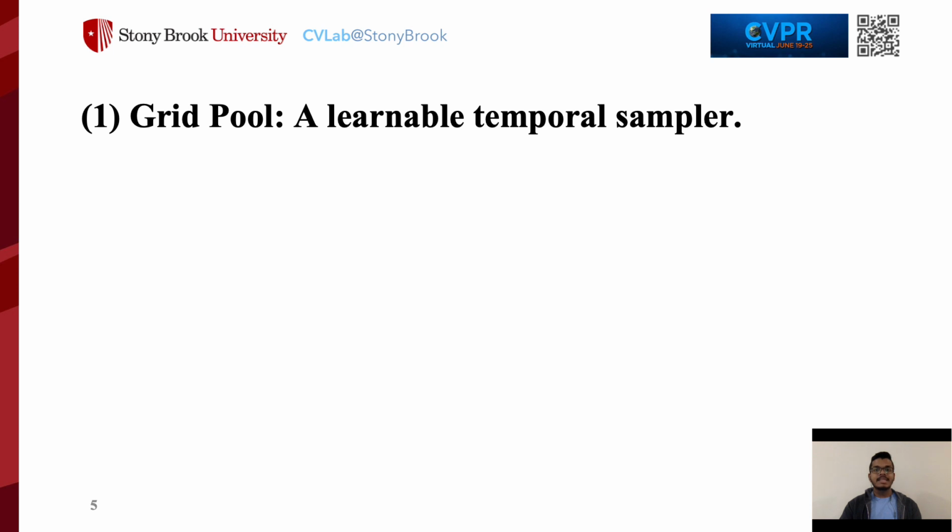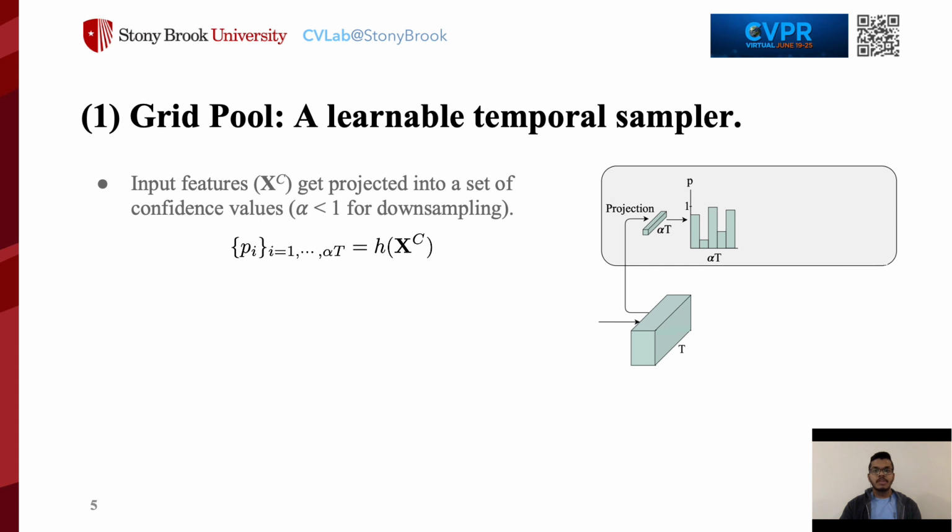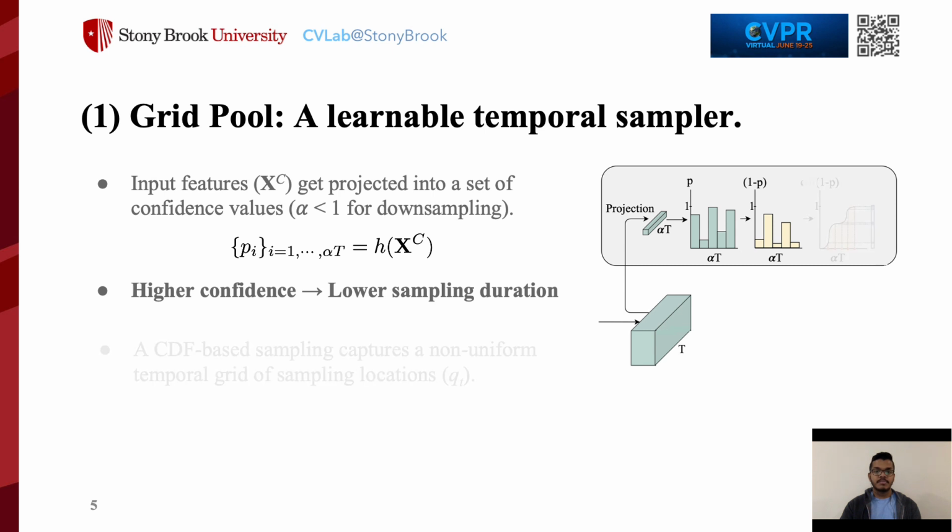Grid pool is a learnable temporal sampler. Given an input xc, we project it to a set of confidence values pi corresponding to different temporal segments. The idea here is to sample high confidence regions with a low sampling duration, which means the complement of these confidence values are linearly proportional to the sampling duration.